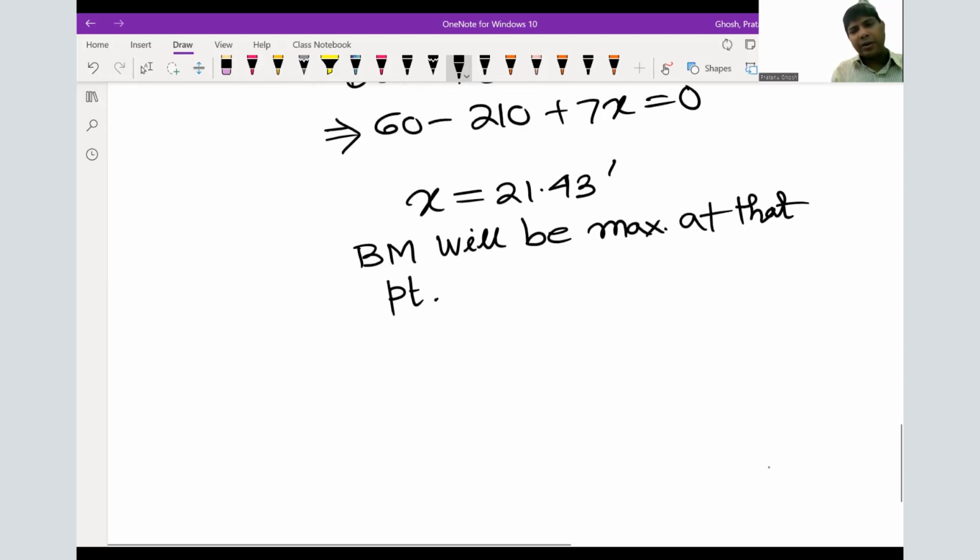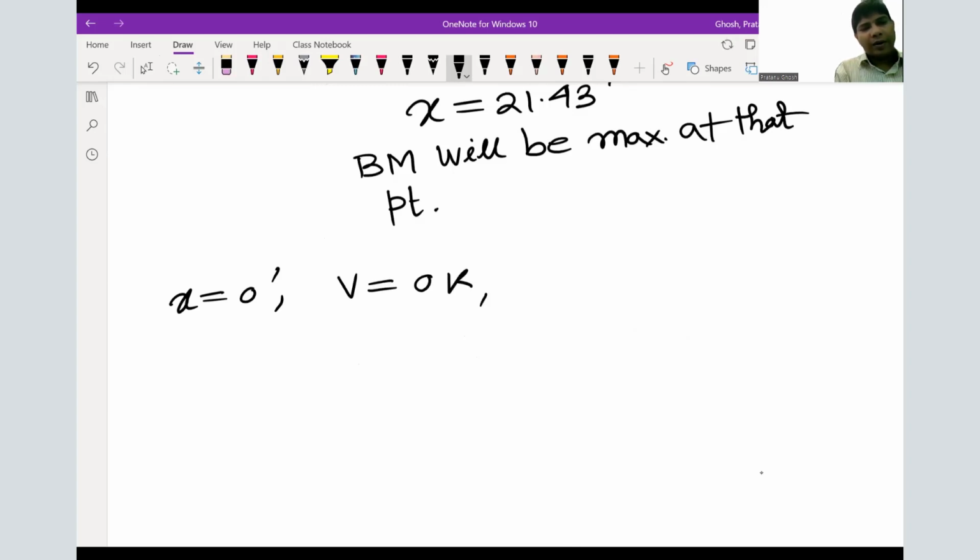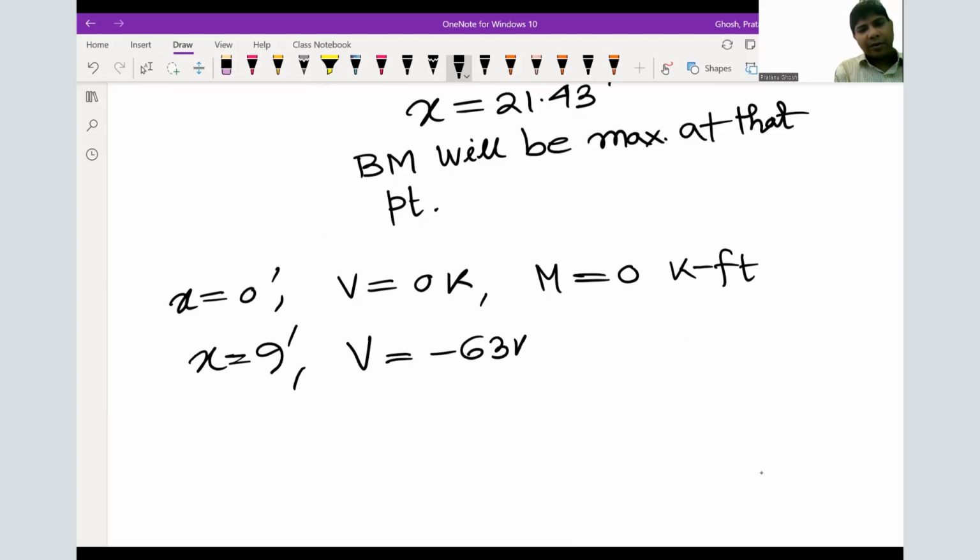So let's plug in the values, each of the values that we have determined. So x equal to 0 feet, V 0, just seeing the equation 1, M 0 kip-feet. We know that it is free end. x equal to 9 feet, V equal to minus 63 kip, equation still 1, M negative 283.5.